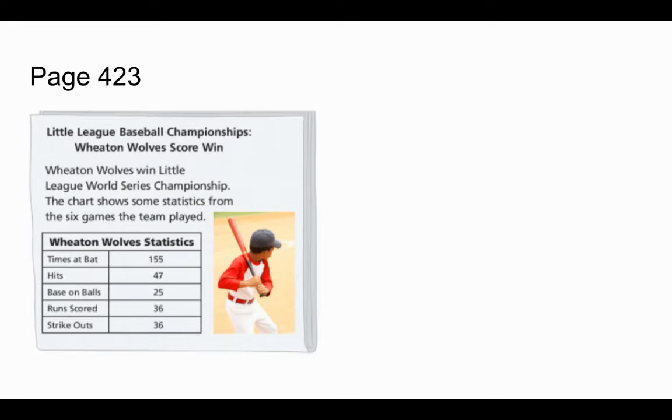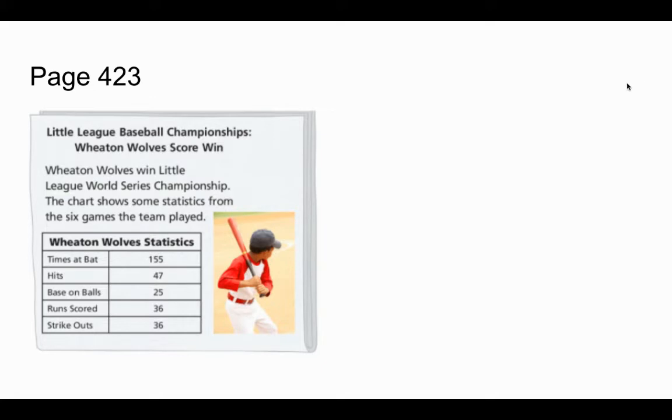So there were statistics like the times at bat, the hits they got, how many base on balls they got, which is how many walks they had, how many runs they scored, how many strikeouts. If you want to do this page, work on page 423. If you want to do the page about basketball, that's page 424. When you are done, unpause the video and come on back.